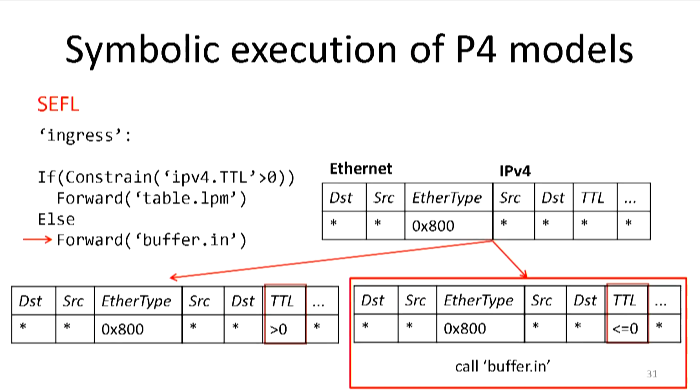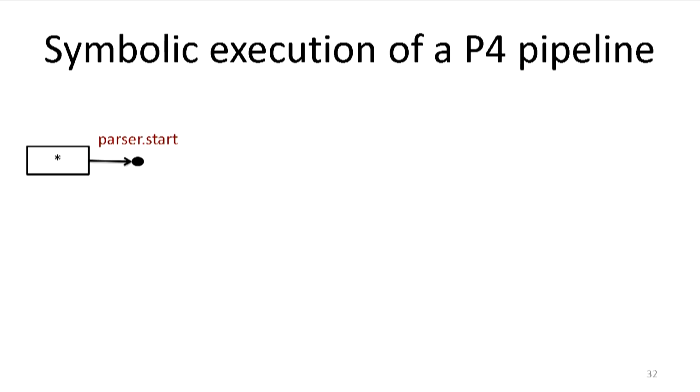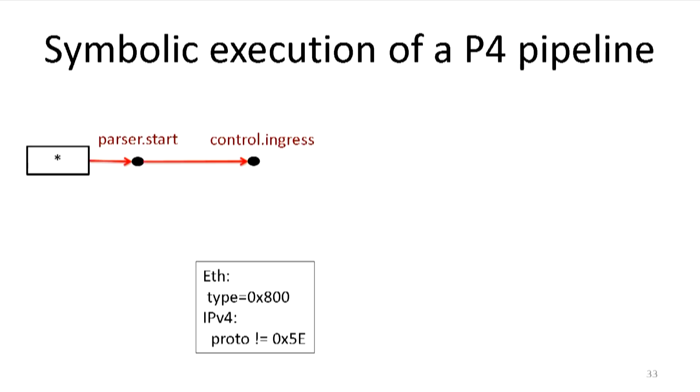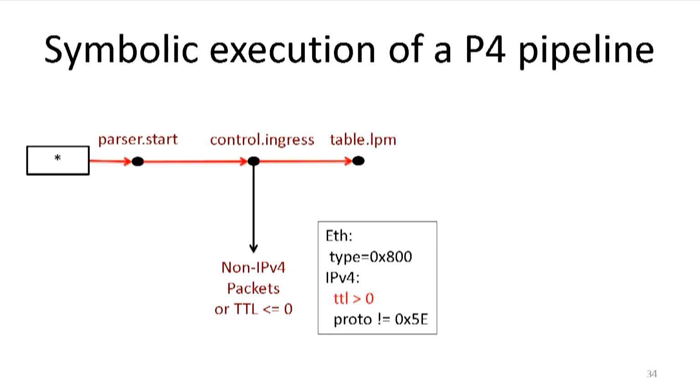I'll now take a step back and take you through this process across an entire P4 pipeline. Again, it starts with the parser. We get to this header layout, Ethernet and IPv4. After the ingress processing, we get 2 paths. One is forwarded to the routing table.